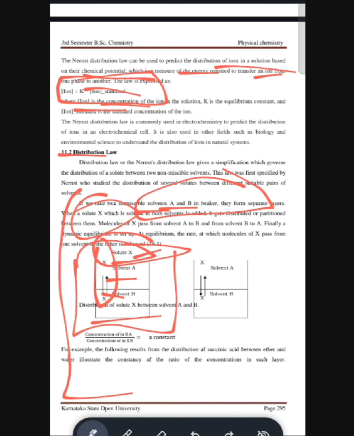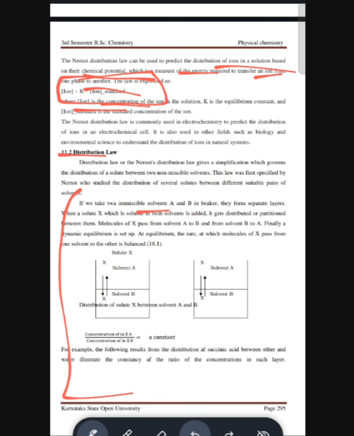How are we going to calculate it? Here is the equation. The concentration of X in A, meaning the concentration of the solute acid that you have added, we are going to take here.